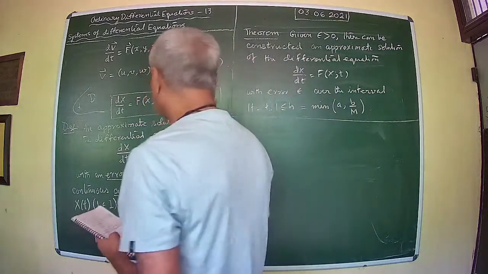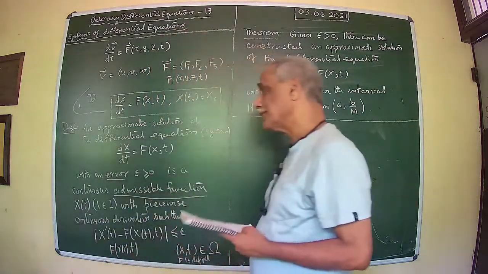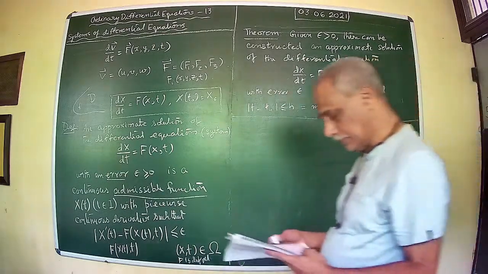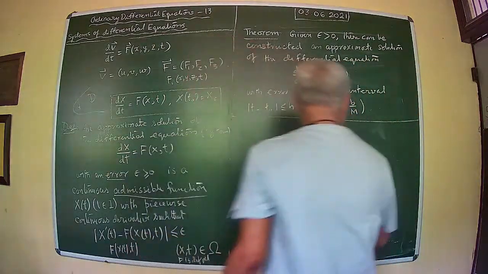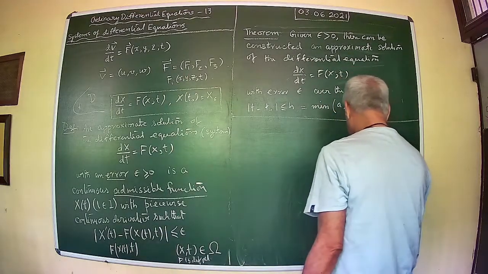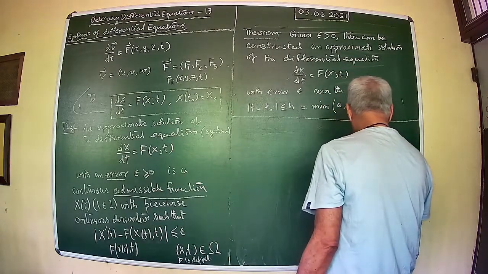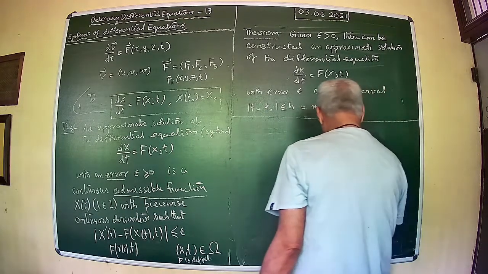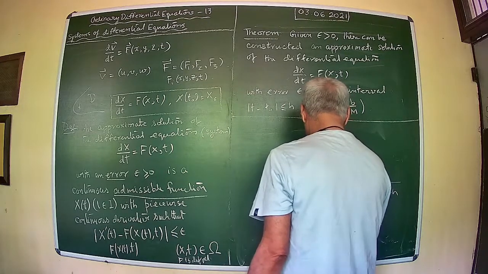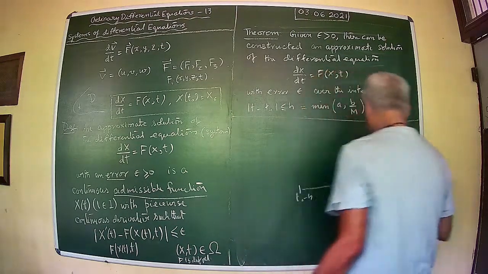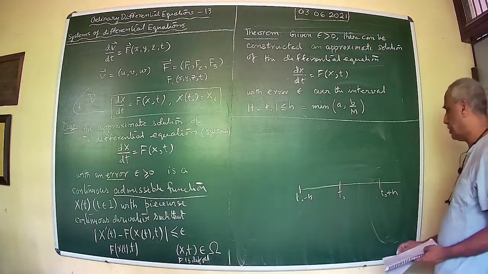Okay. So how do we proceed with this? We proceed exactly as we did in the previous case. What was the procedure? See, you had the interval t0 to, and of course on this part also. Let us look at the side t0 to t0 plus h.